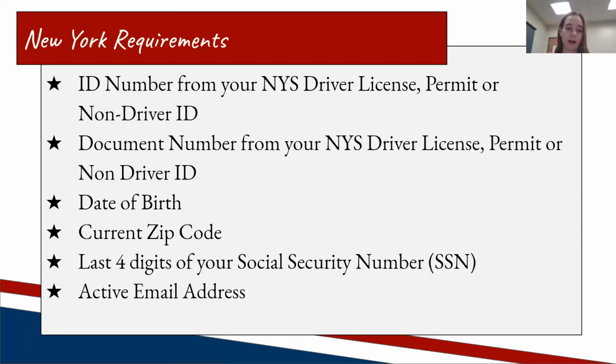If you do not have a New York State ID, we will discuss your options as well. On the next slide, we will discuss what your ID and document numbers are. The zip code that you will enter is your permanent mailing address zip code. For example, if I was a resident here on campus, but I usually live with my family in Albany, I would use the local zip code in Albany where I live rather than the school's zip code.